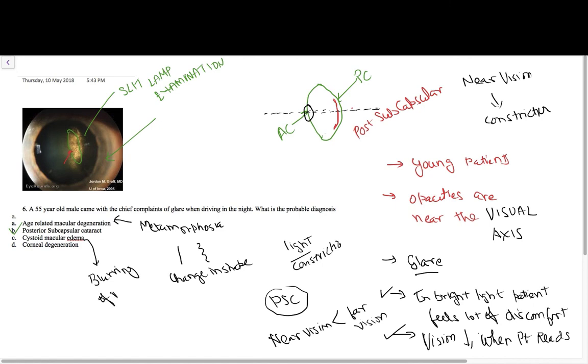Now this blurring of vision has no relation whatsoever to the light. Okay, so even when the patient is in bright light or dim light, he feels that the central object has blurring.